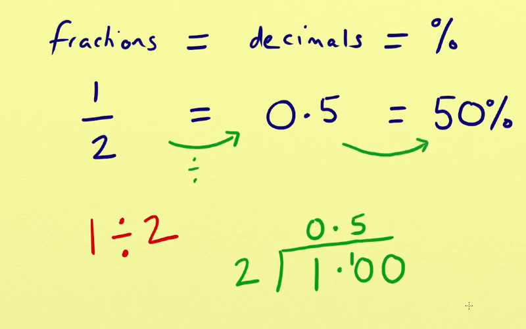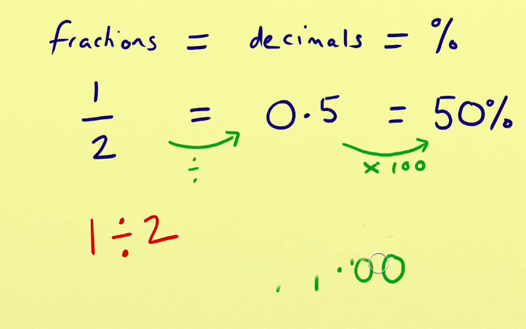To get from here to here, all we're actually doing is we're making this decimal 100 times bigger. So all we're going to do to get from a decimal to a percentage is we're going to times it by 100. And if I just do that as a little calculation down at the bottom here, so let me make some space for it.